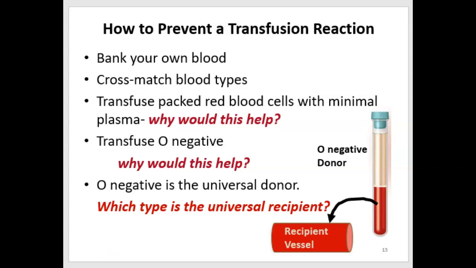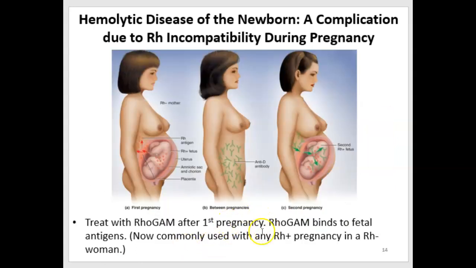Okay, a little bit about the RH sensitization thing. Let's talk about what can happen in certain pregnancies. I don't know how common it is, but there's a disease or disorder called hemolytic disease of the newborn.